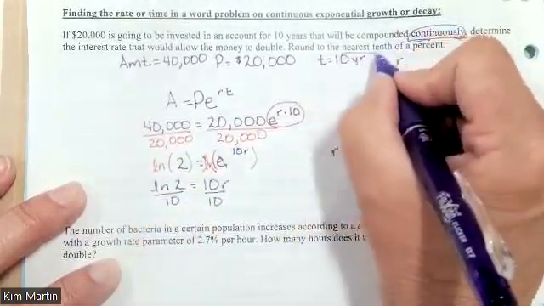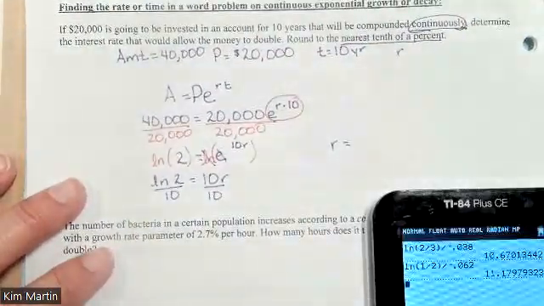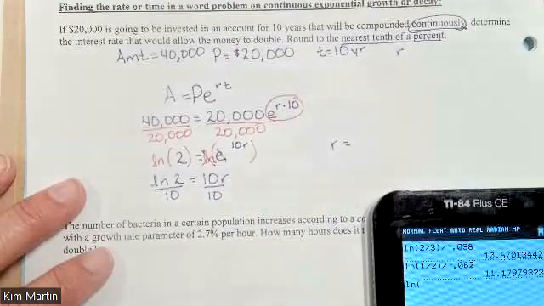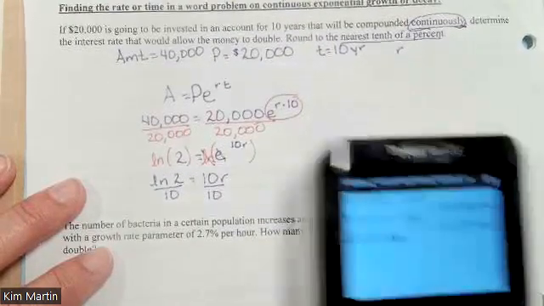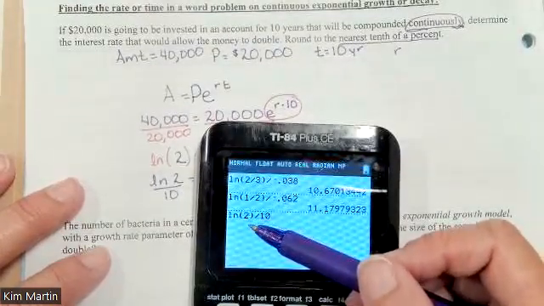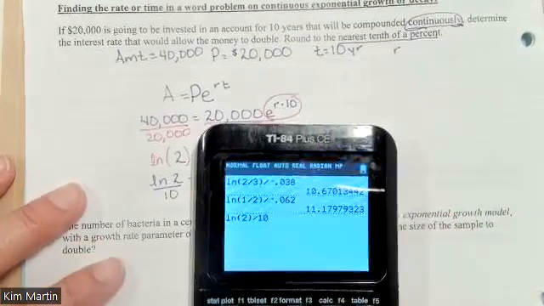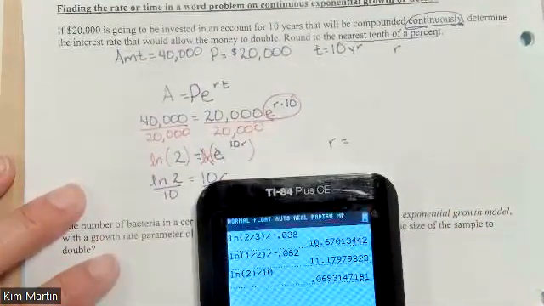And it says round to the nearest 0.1%. So you're going to do the natural log of 2 divided by 10. Make sure that when you're doing this, that you close off that parentheses. I think it'll give you something else. I know it will. I'll show you. Let's figure it out first.